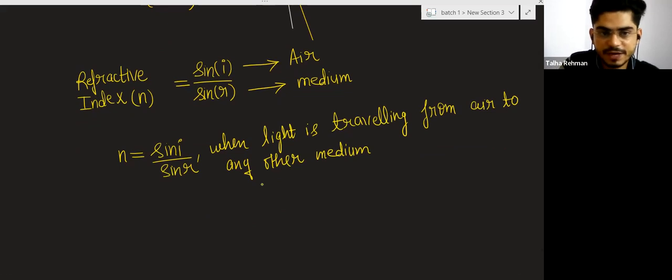And this is the refractive index of the medium. This is the definition of refractive index.